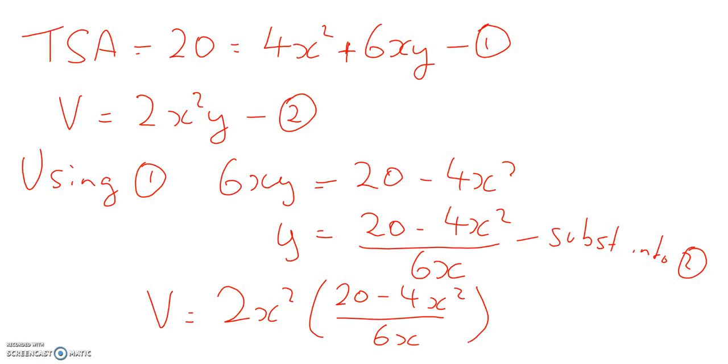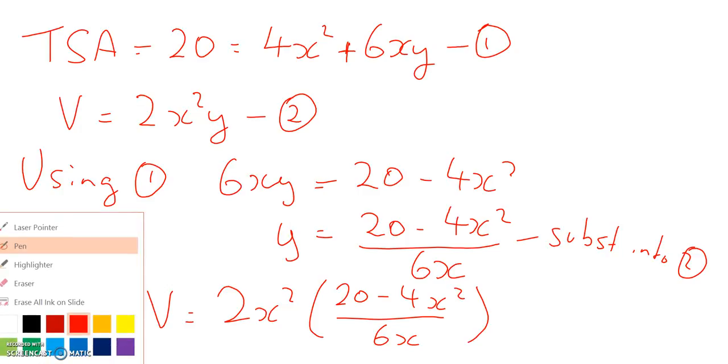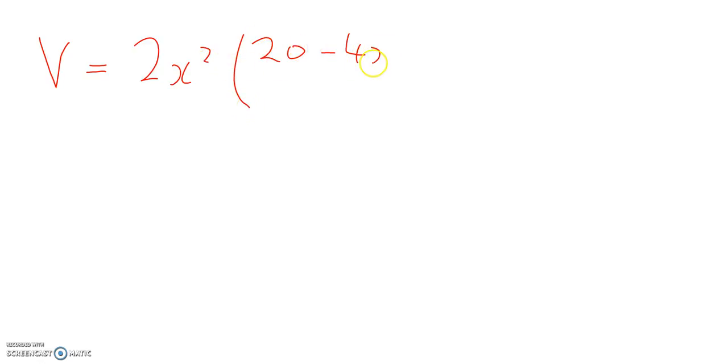Now we've got an expression for the volume, and it only relates to x. There's no y's in this anymore. So we'll erase all that and start again. We've got V now equals 2x squared times 20 take 4x squared all over 6x, and we've got a few things to cancel there.